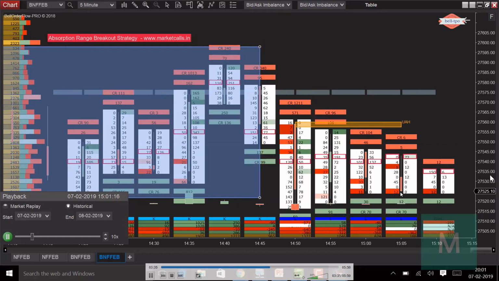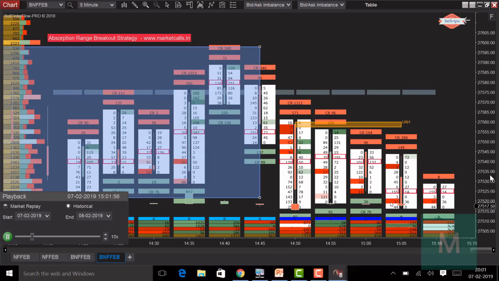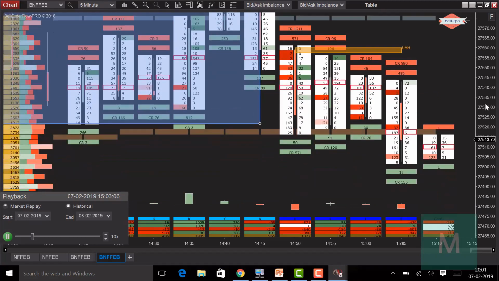Now again 32. It's just getting thinned out and thinned out, and now it's taking a break. That's a Bank Nifty example here.